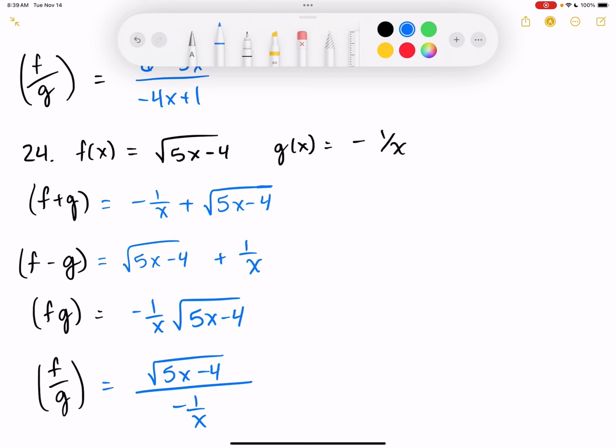Nobody remembers. Keep, change, flip. So this is going to become negative x times the square root of 5x minus 4, and it's over 1, so I don't need to write it.